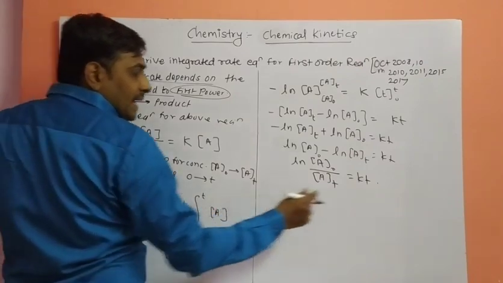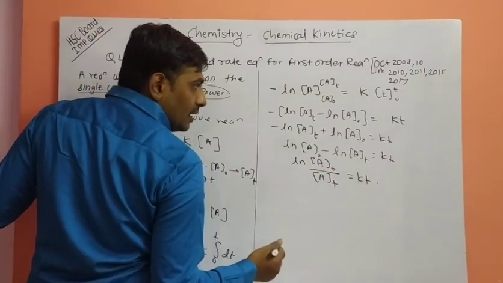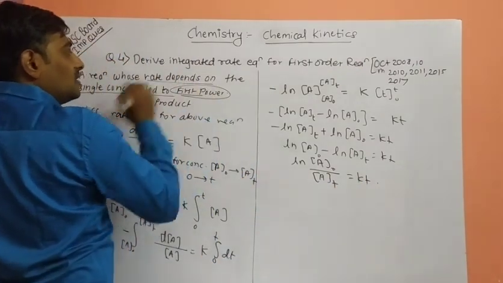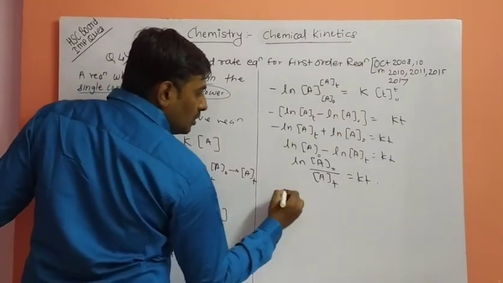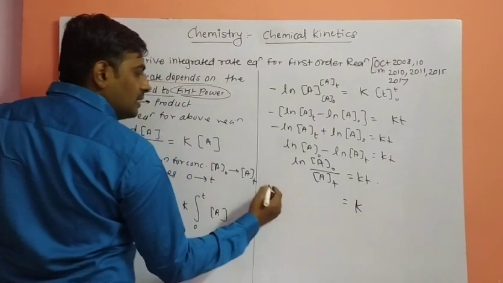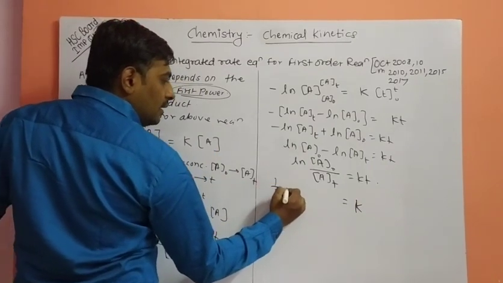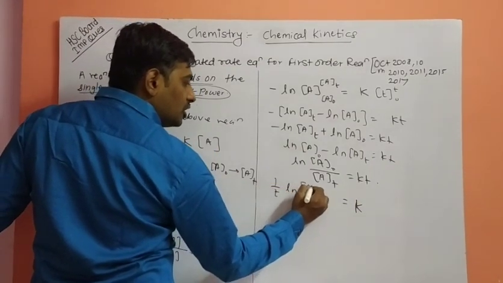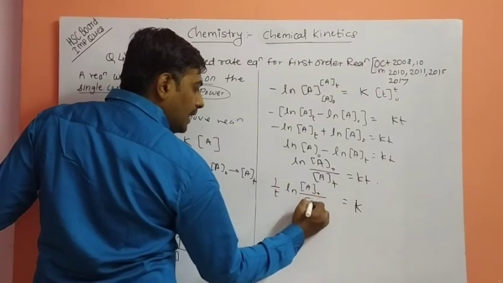For k, we are determining the rate equation for a first order reaction. So k is equal to, t will be shifted to this side, 1 upon t ln of concentration of A0 upon At.